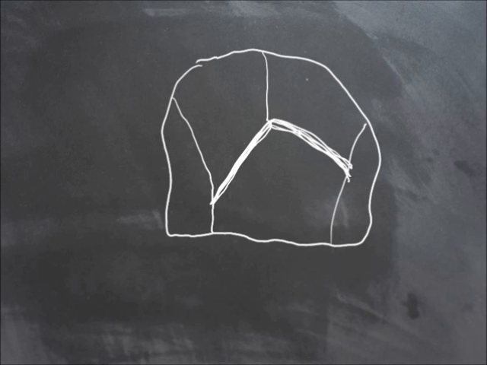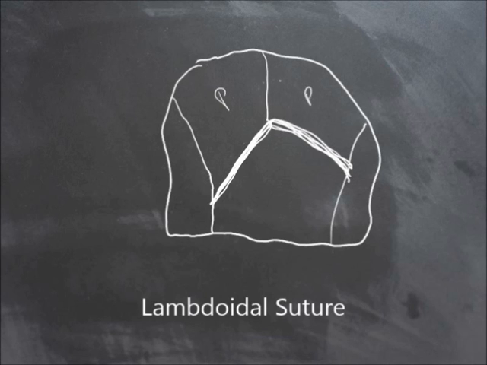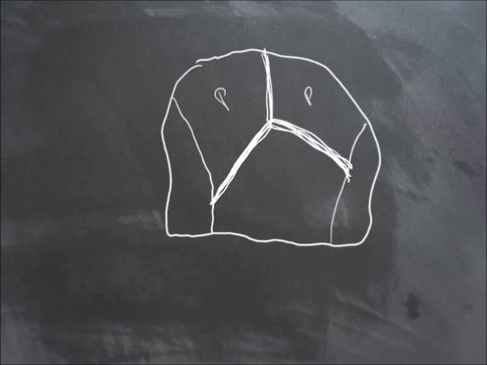And this is called the lambdoidal suture. And it separates two parietal bones from the occipital bone. So it's called the lambdoidal suture because it looks like the lambda symbol.